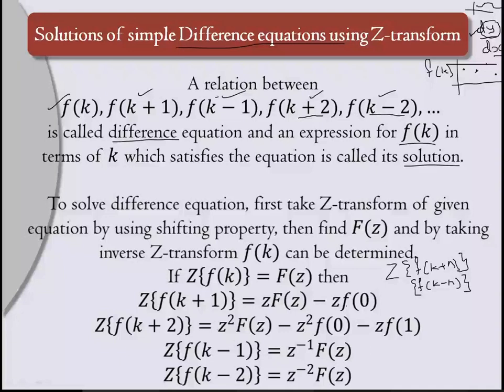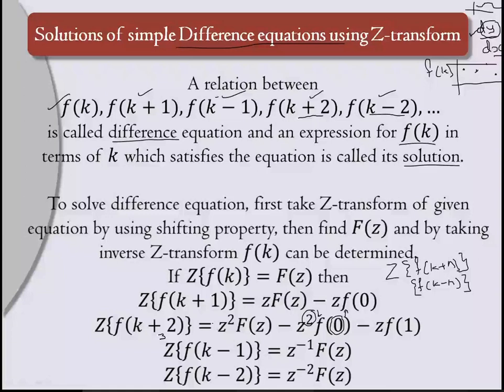Z transform of f of k plus 2 will be z square F of z minus z square f of 0 minus z f of 1. Just reduce this power and increase this term. If you have 3 here, then it will be z cube F of z minus z cube f of 0 minus z square f of 1 minus z f of 2. Like that we can get it for k plus n. We have taken the formula for k plus n in the form of a summation.